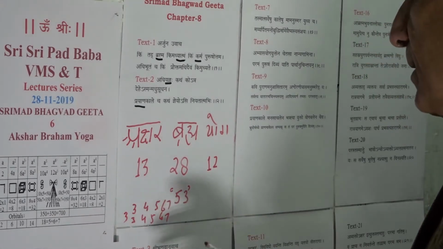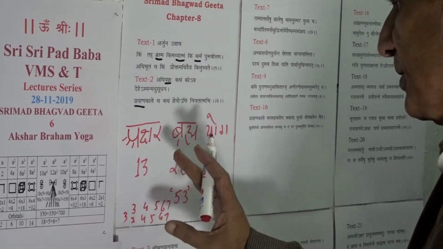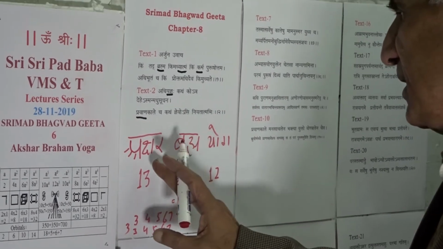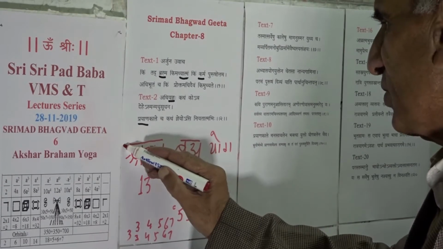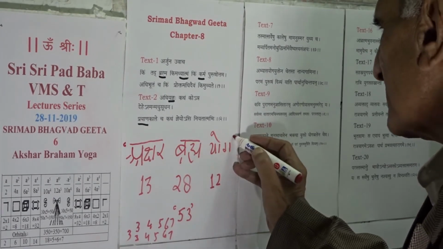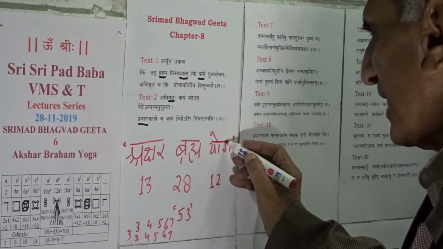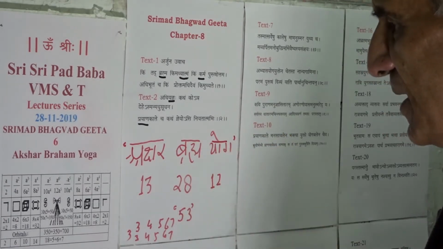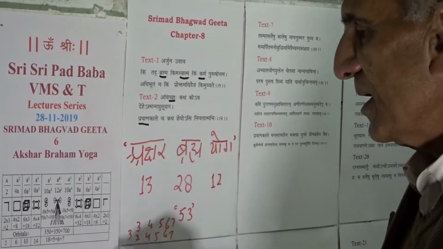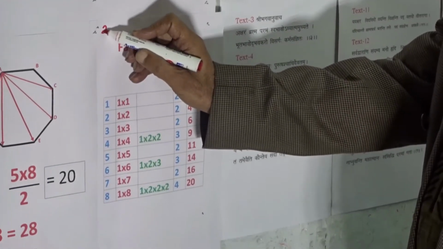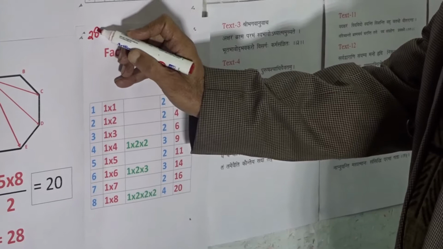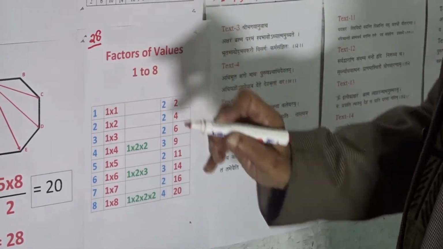Before we enter upon the inherent format features of these formulations, let us see that chapter 8 is of the range of 28 shlokas. Now see value 8.